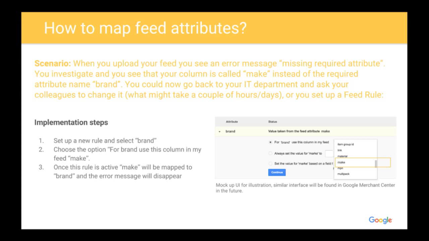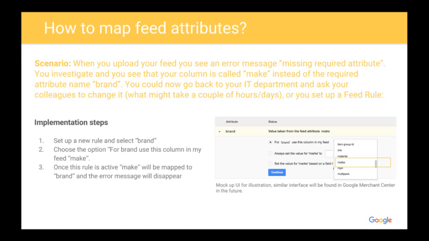So as of now, you would have to go back to your IT department and maybe ask them to change it. And this might take a couple of hours or a couple of days. But with feed rules, this is something you will be able to do in the future just by your own directly in the Merchant Center. So you can basically map one column to another column and thus make the inventory available on Google.